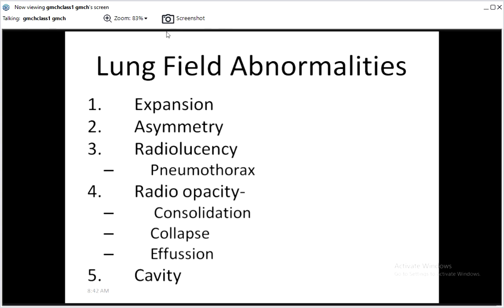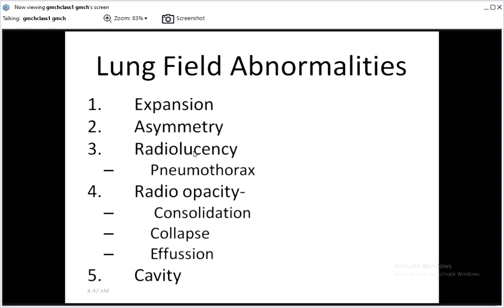So we are discussing the lung field abnormalities right now. What are the various things which you will be commenting upon? The lung field abnormalities are expansion, asymmetry, whether expansion is decreased or increased, or the expansion is symmetric or asymmetric, whether there is a radiolucency.